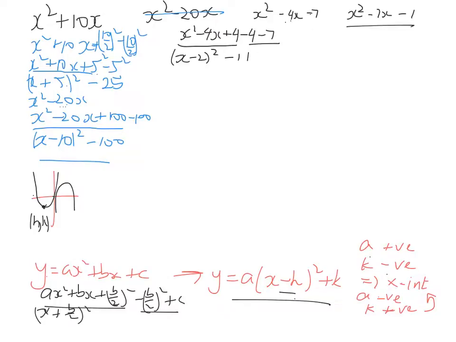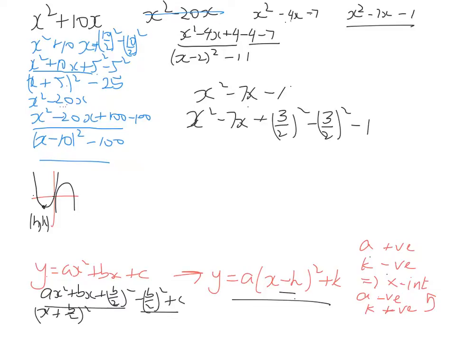Okay, our last one. X squared minus 7x. With this one, it's not as neat because we're going to be left with a fraction answer. So for here we say this becomes x squared minus 7x plus 3 over 2 squared minus 3 over 2 squared minus 1.